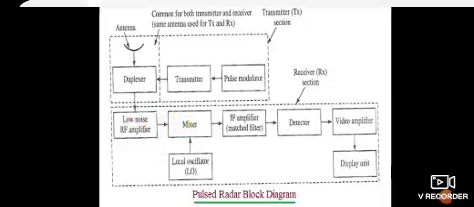And what is the use of the local oscillator? It generates a particular stable frequency. In the receiver section, whenever we receive signals, whether high frequency or low frequency, they need to be processed.